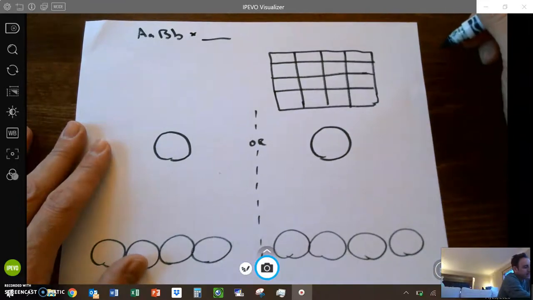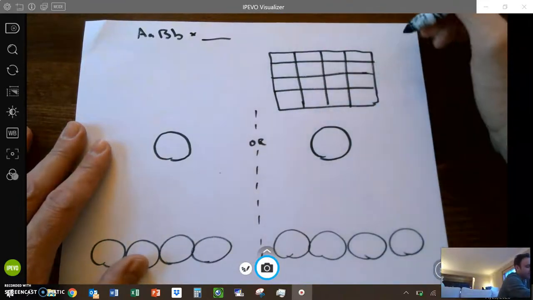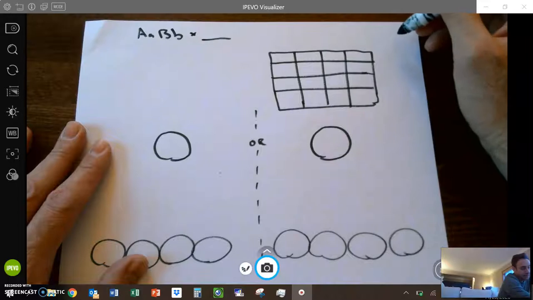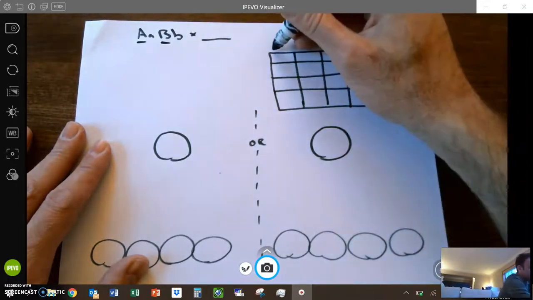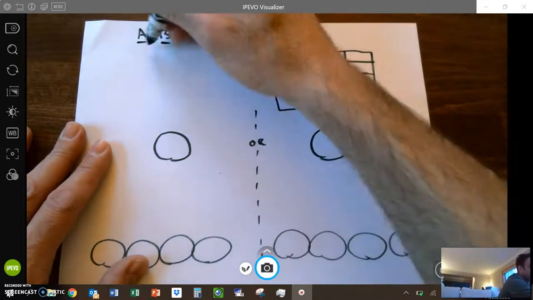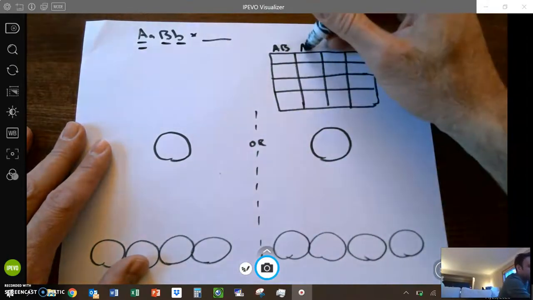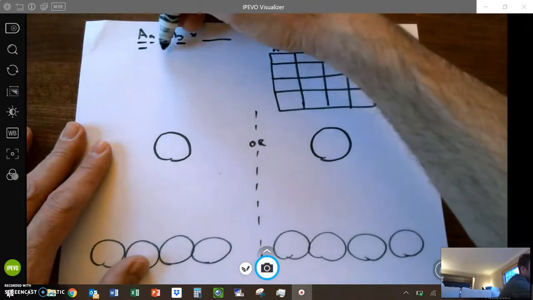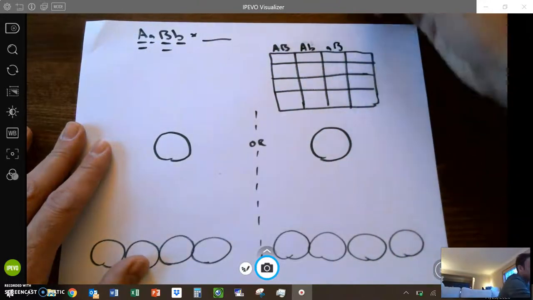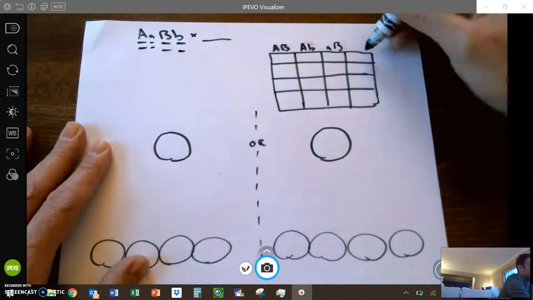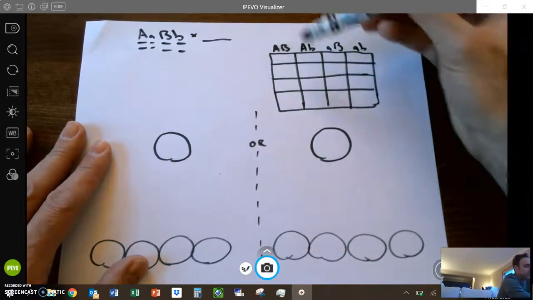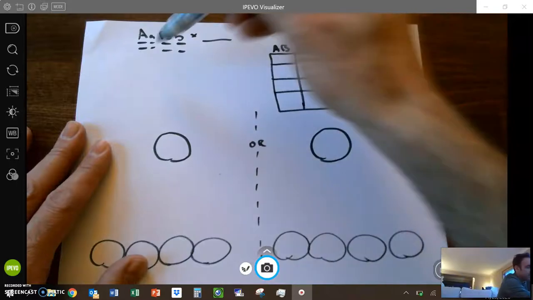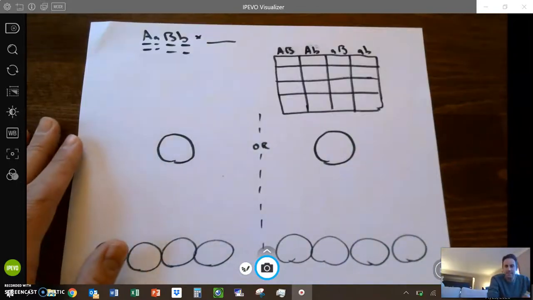What we said is that every gamete gets an A and a B. So big A, big B. Big A could also be paired with little b. Little a could be with big B. And little a could be with little b. And so we have these four possible combinations of gametes based on these A's and B's.